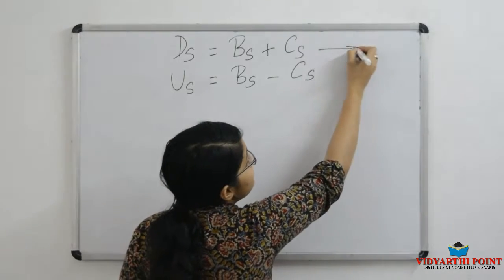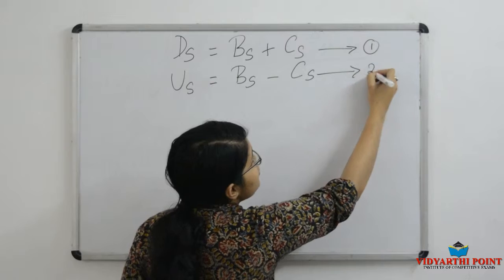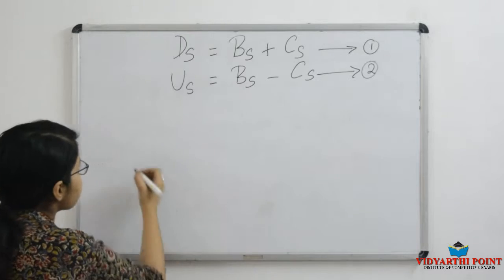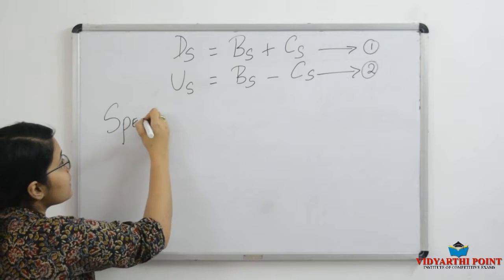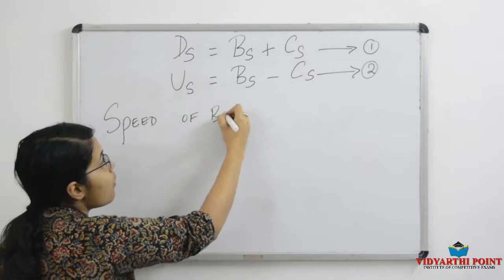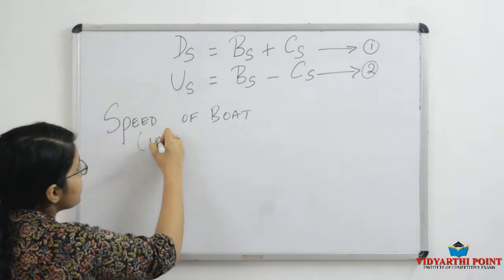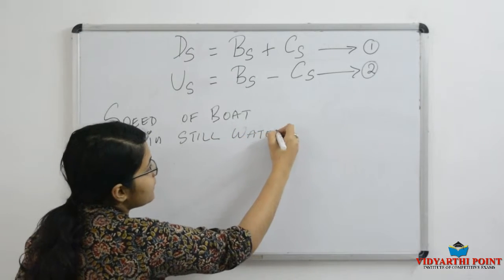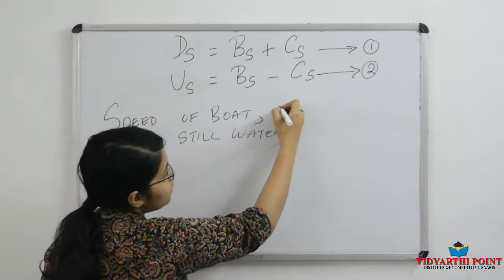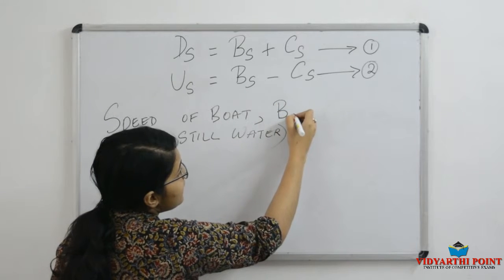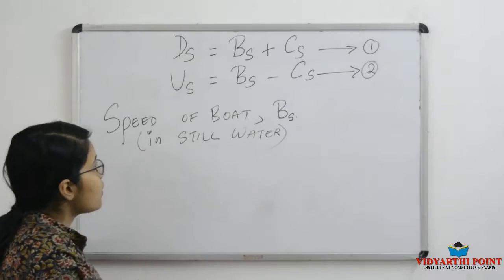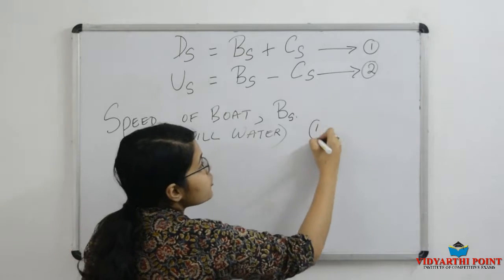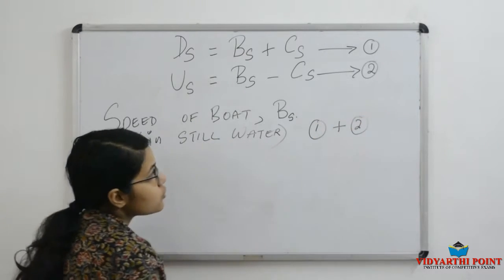Consider this as equation 1 and this as equation 2. Now we need to find the speed of the boat in still water. This we know we denote it as BS. Now for the speed of boat in still water, let us add equation 1 and equation 2.